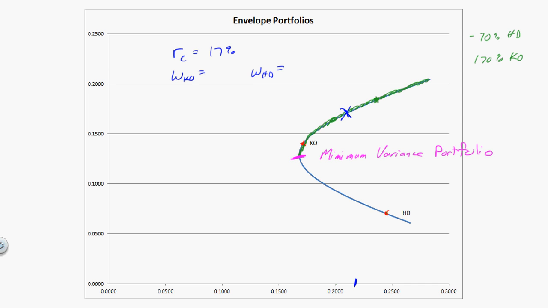Or a client could come in and say, you know what, I want to have this level of risk. And we say, okay, if you want that level of risk, that puts you right here. So you want this level of risk, it'll give you this return, and you have this weight in Coke and this weight in Home Depot. So that's where we're going.